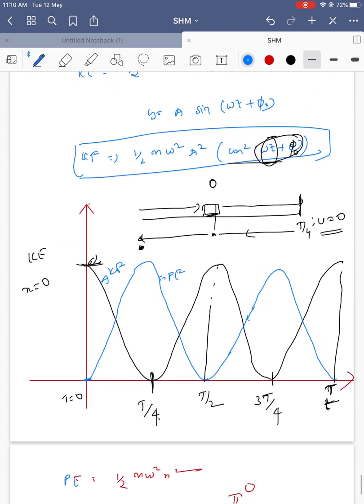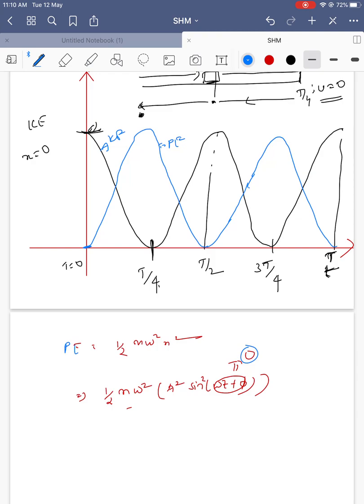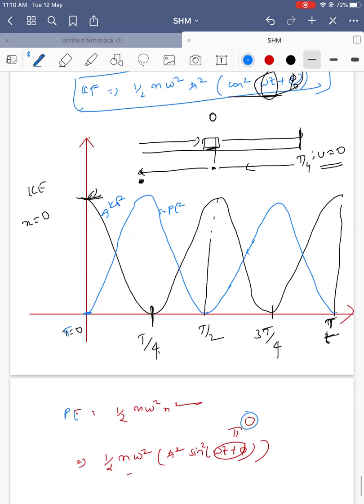At omega t plus phi equal to 0, potential energy equals 0. At the mean position there is no displacement, that's why potential energy equals 0. At the end it has gone to the other end, so it is displaced more, so there will be more potential energy. That's at t by 4 here.